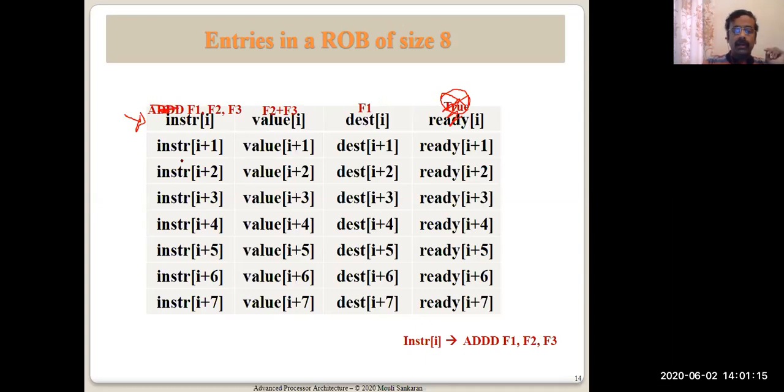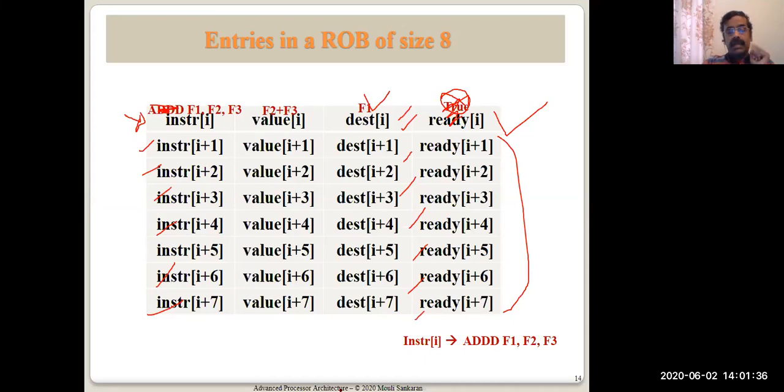All the other results are ready, but can I write these results into the register? No, because this is the first instruction that came. I should wait till this instruction is executed, completed, and the value is available, and I should start writing into the register set in the same order.